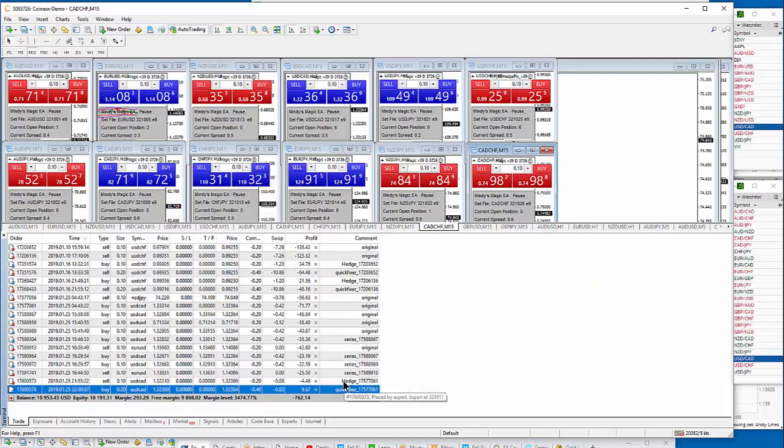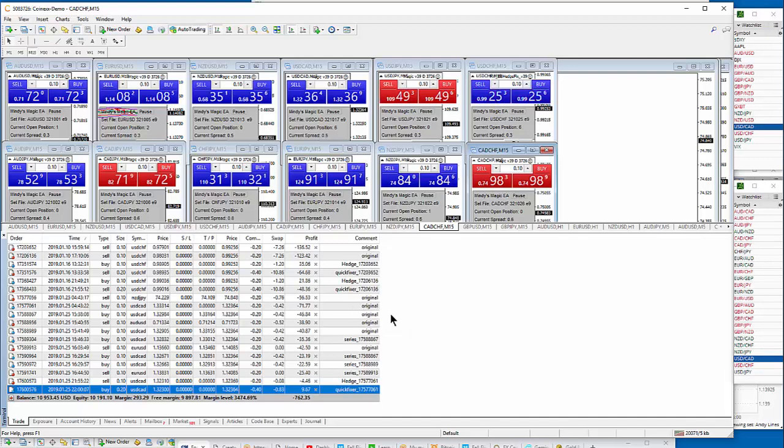Now the hedge is going to close for a negative amount, right? But the quick fixer will be more than enough money to buy off that hedge. And that way, if the hedge is negative, what it means is that the original trade that it's hedging no longer needs to be hedged.